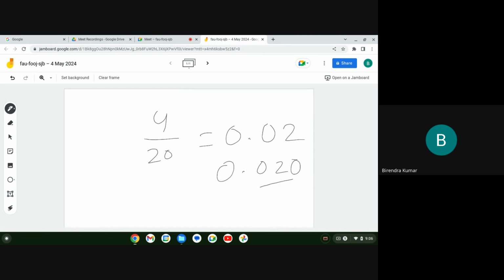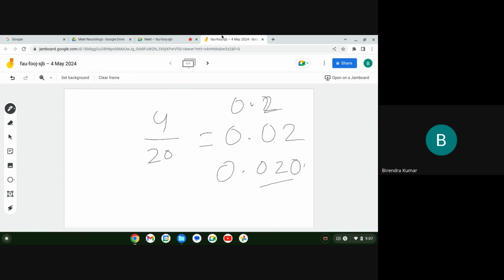Both are the same actually. I can add as many zeros as I want, right? So I can say 0.020000000, 100 times. That's also fine. So 0.02 or 0.020 are the same actually. I think it's 0.2. Okay, I got another answer which is different.